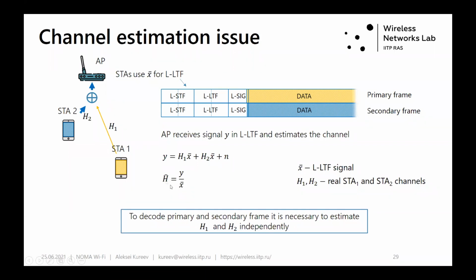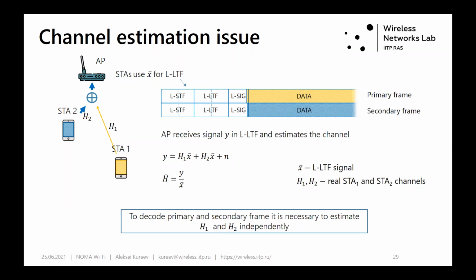When the access point wants to estimate the channel to do the further equalization, this channel is a combination of the channels from STA1 and STA2. So this H is the combination of H1 and H2.